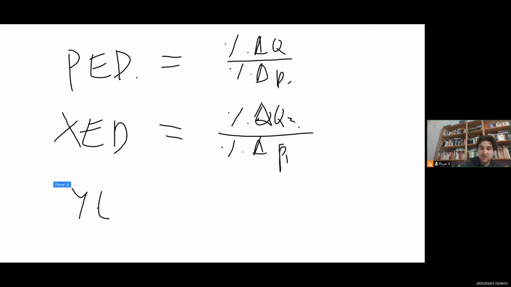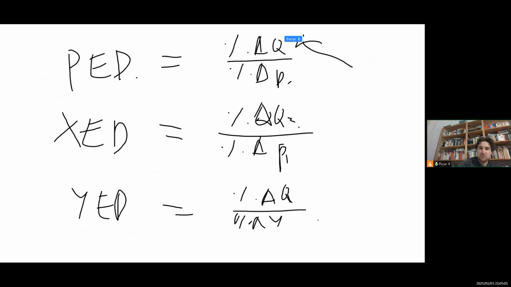And in this case, it's, hey, what's my percentage change in quantity as a proportion of the percentage change in income?